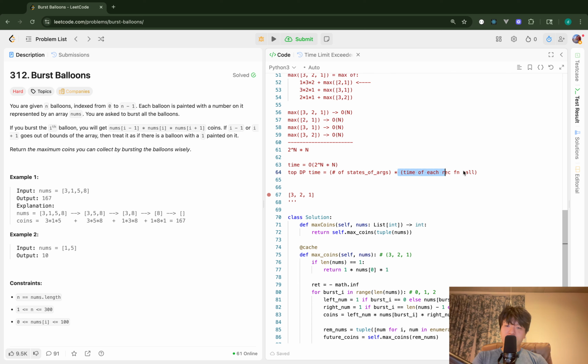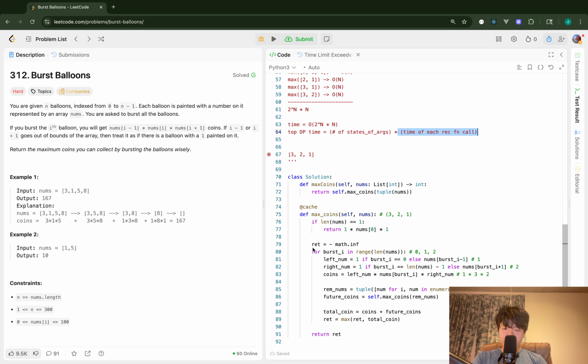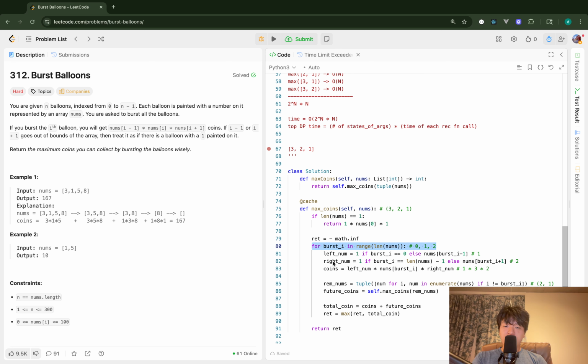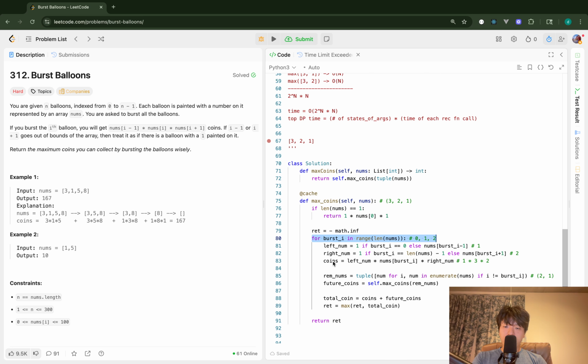And for the time of each recursive function call, this is O of n, because in line 80, I did a for loop to decide the balloon to be burst. Aside from that, I calculate the coins I can get from bursting this one, and then I do the recursive function call with the remaining nums.